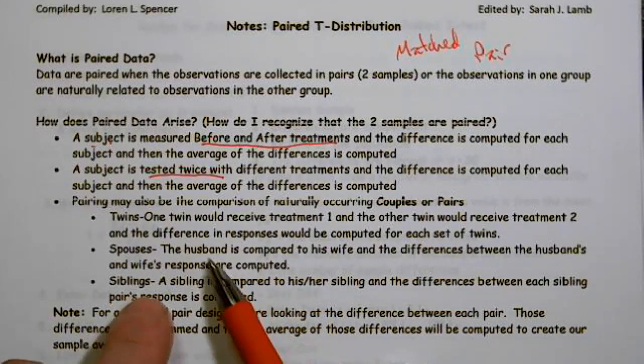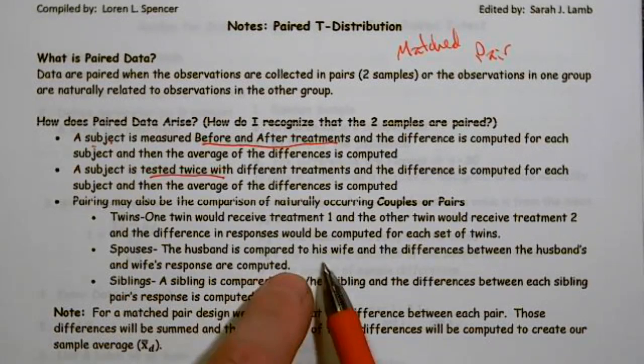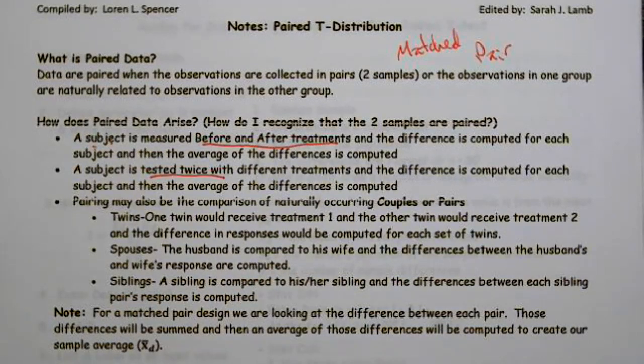We might look at spouses, where the husband is compared directly to his wife, but please note that is a one-to-one matching, one husband to one wife. We could run a paired t-test or a two sample test, and they're different.